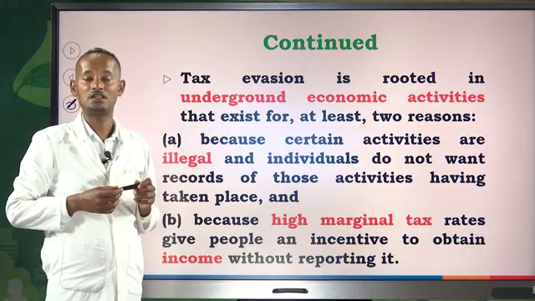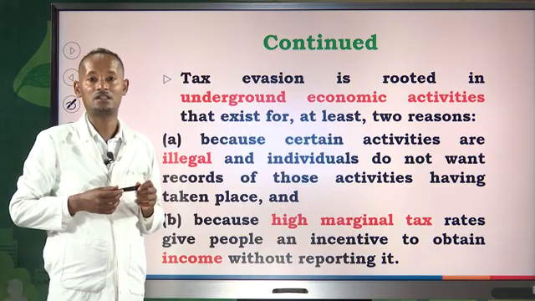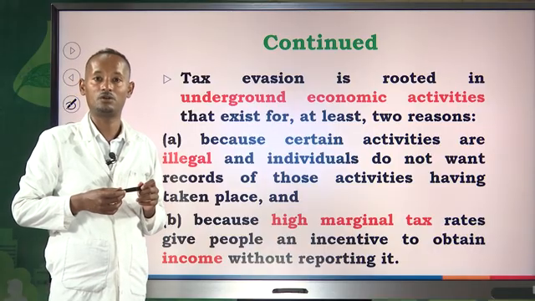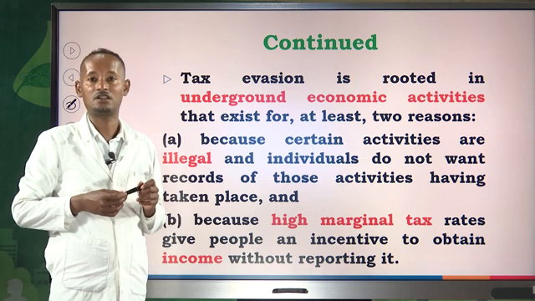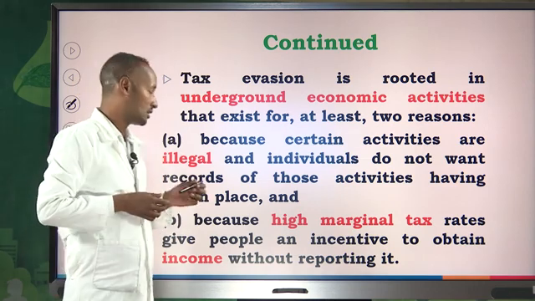And the second reason is that there are high marginal tax rates. So in order to avoid this marginal tax rate, the taxpayers do not want to pay the taxes or simply falsify their taxes.